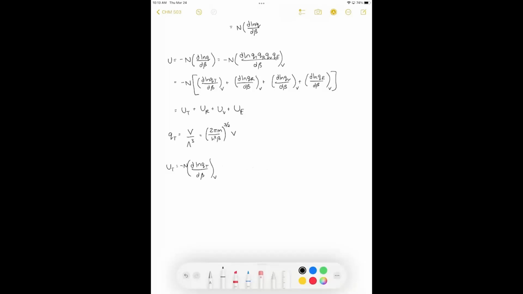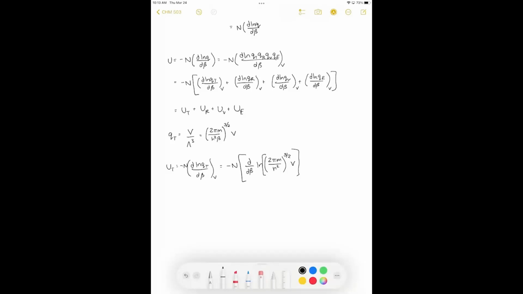Now, this might look challenging, but it's actually simpler than you imagine because of log properties. So what we can do is say that our internal energy for translation is equal to negative N times the derivative with respect to beta of the natural log of everything that is not beta. In this case, that's (2 pi m over h squared) to the 3/2 times the volume.